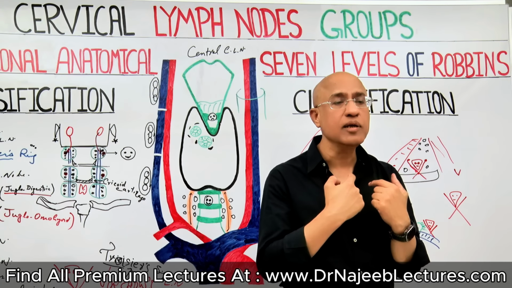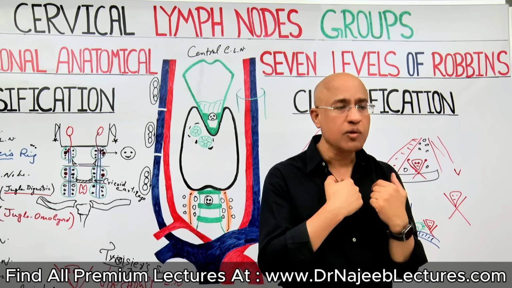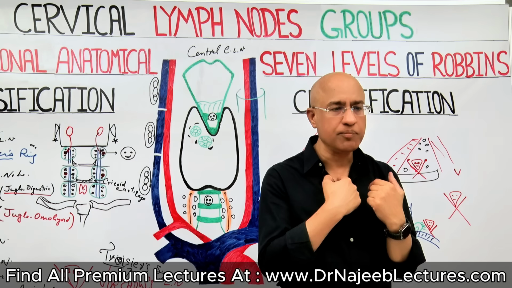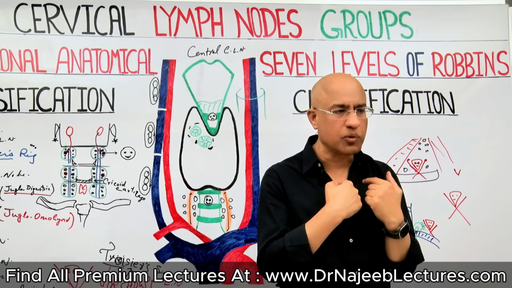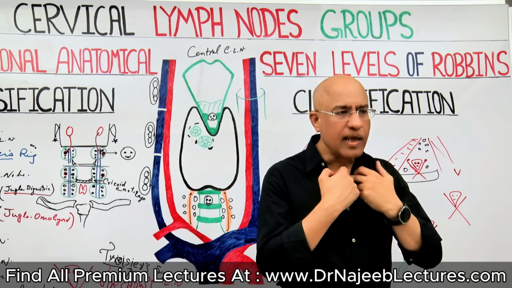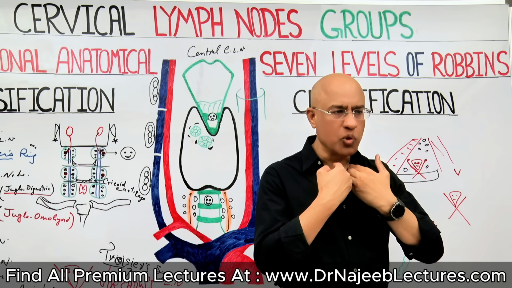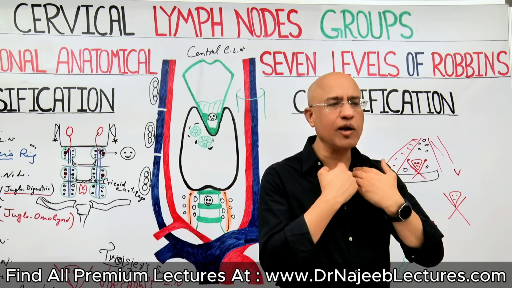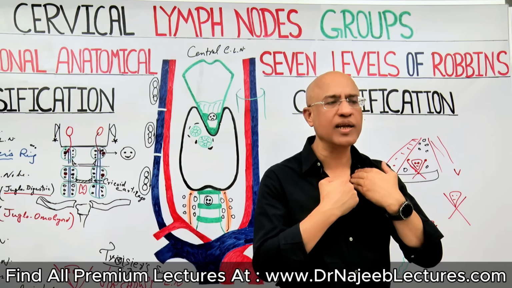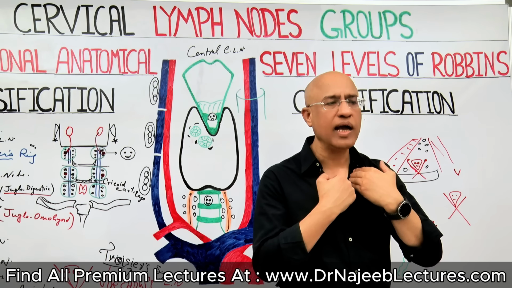Which? Superior mediastinal lymph nodes, which are behind the manubrium, right? And these are in between the pleura of both lungs, right and left, above the sternal notch, below the manubriosternal angle, or behind the angle of Louis.